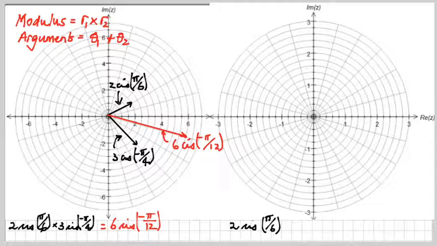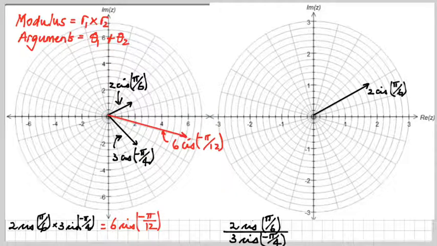Okay, so 2 cis pi on 6 goes there. Now what about the next bit? 3 cis minus pi on 4. Where is it again? Well, we only have to look over on the left-hand side to see where it will be. It just looks bigger because it's a more magnified scale.